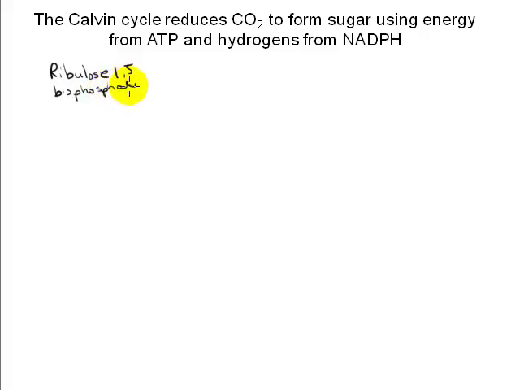This compound will then be converted to the 3-carbon sugar glyceraldehyde 3-phosphate through a series of enzyme-catalyzed steps. But if what's being produced is a 3-carbon sugar, then that requires the chloroplast to acquire 3 carbon dioxide molecules to meet the stoichiometry. We're going to go through the cycle, keeping track of the intermediates produced and carbon equivalents at each step.